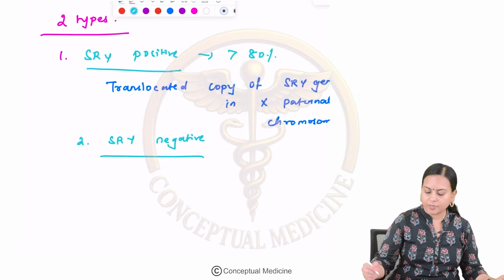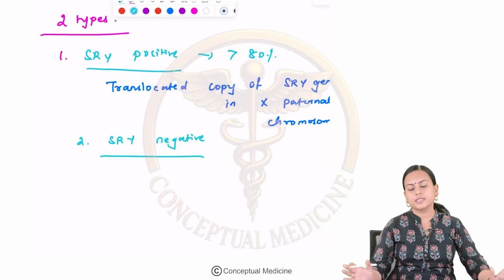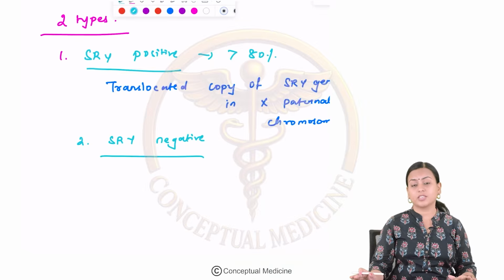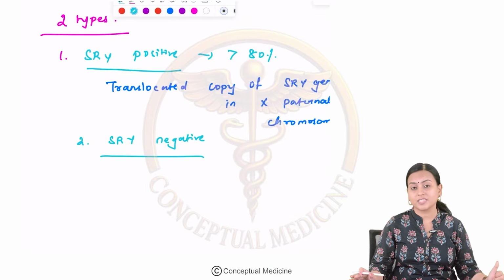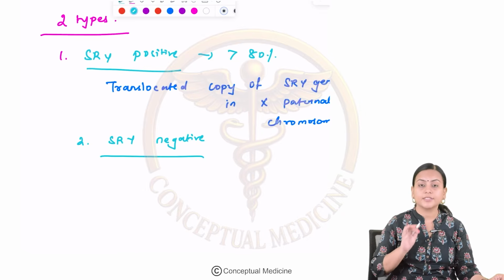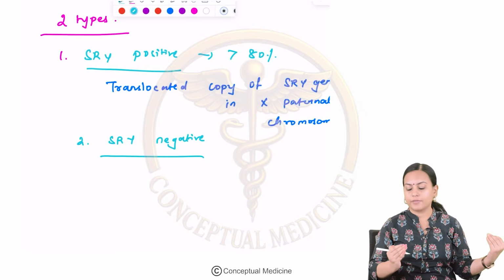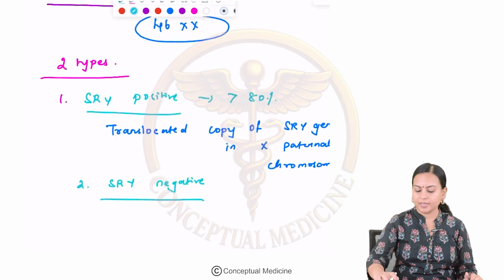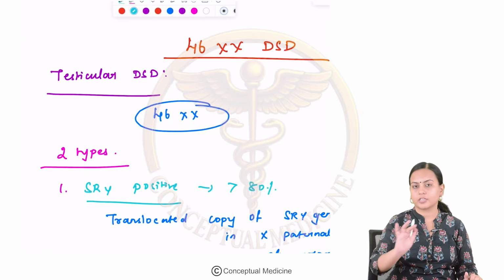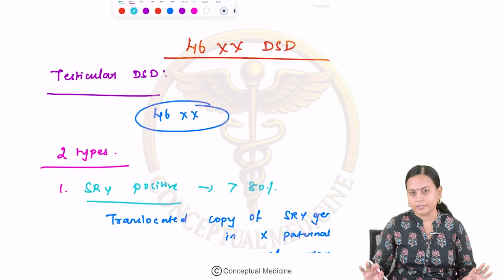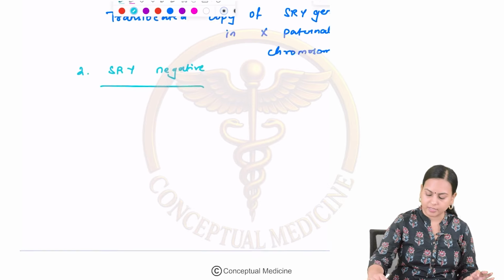Either the SRY gene is positive or otherwise the SRY gene is negative. What happens when SRY gene is present, how it is going to be present in a 46XX individual means there is a translocated copy of SRY gene from the paternal X chromosome. Can you understand? So that's why the group is 46XX DSD, but the name is testicular DSD. Can you understand? Yes, right.